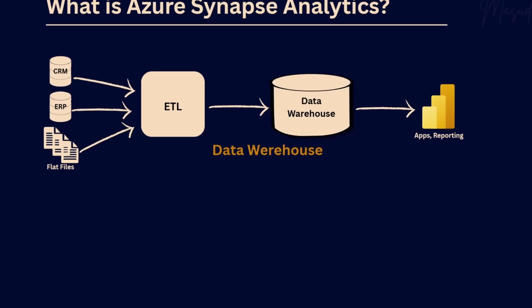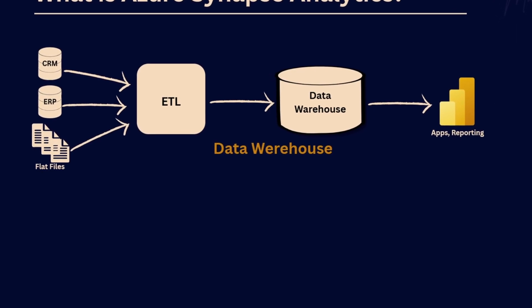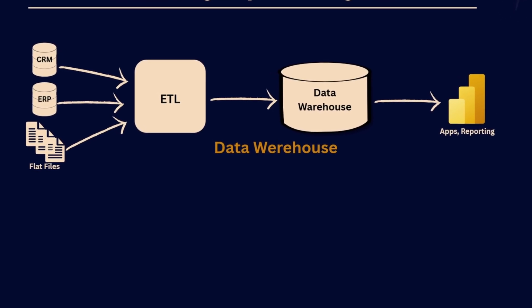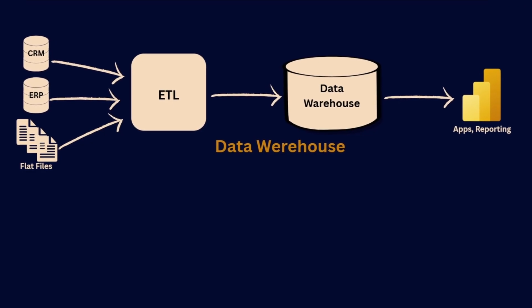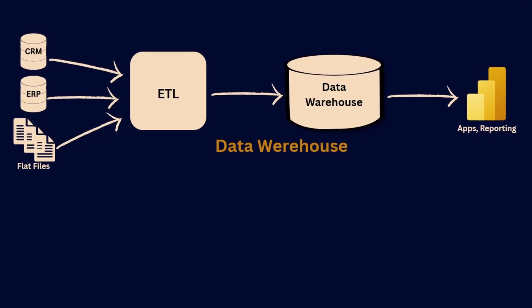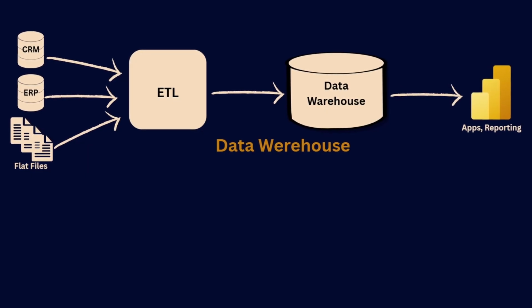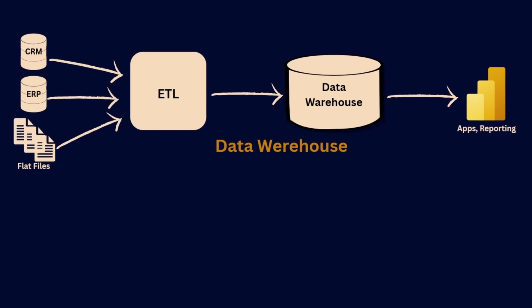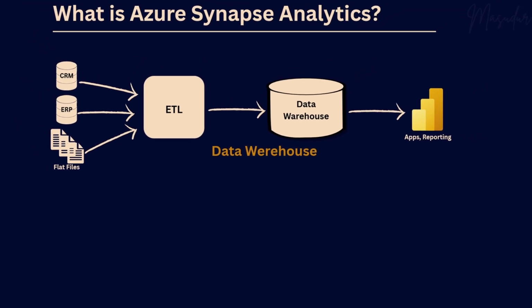These raw data sources are processed through an ETL pipeline, which stands for extract, transform, and load. The ETL process cleans and structures the data before loading into the data warehouse. Once data is stored in the data warehouse, it can be used by reporting tools and business applications to generate insights and dashboards.